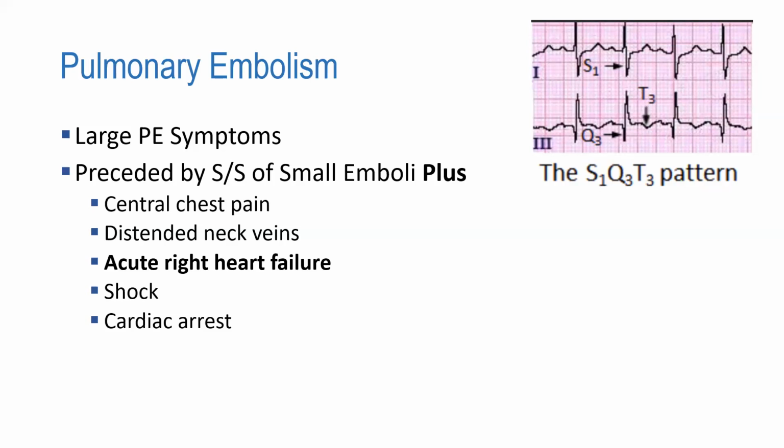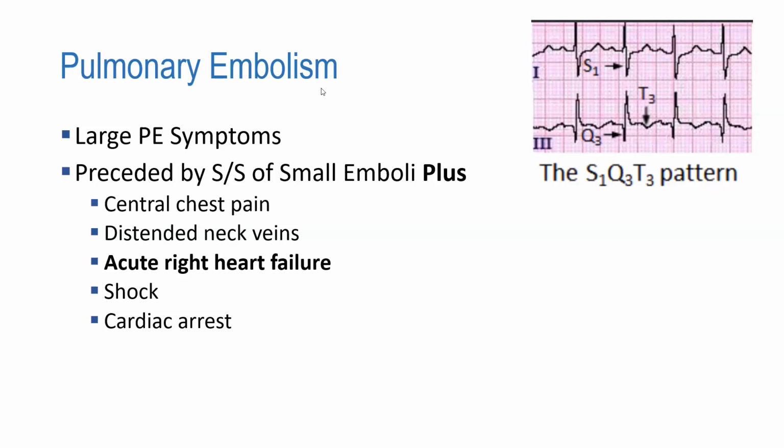Once you have a massive PE, there's not much we can do. What we try to do is treat patients with submassive PE. Those are the ones that we're going to do ECOS catheter, which is a pulmonary artery catheter with ultrasonic delivery of a fibrinolysis or a thrombectomy. But once it's massive, you don't really have long for this world.